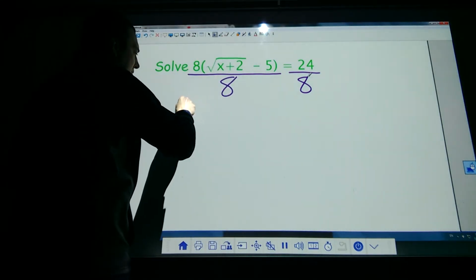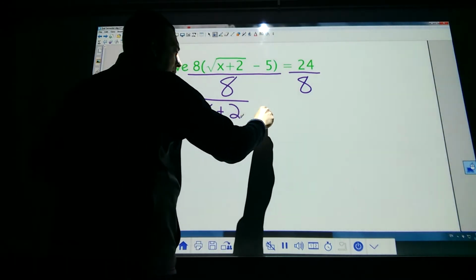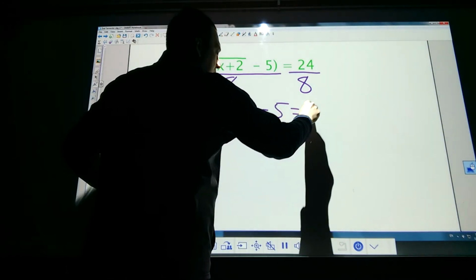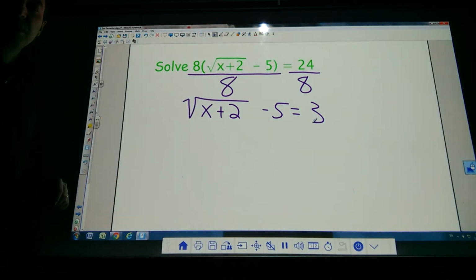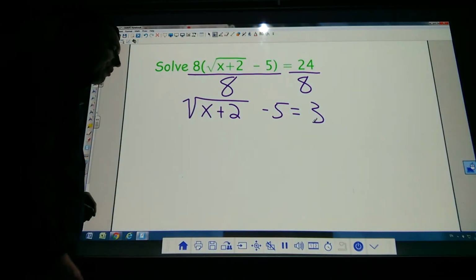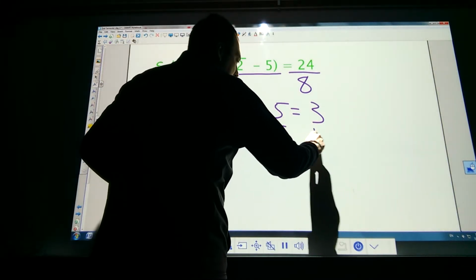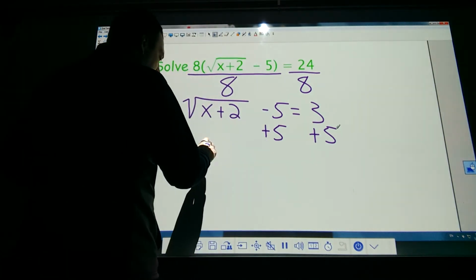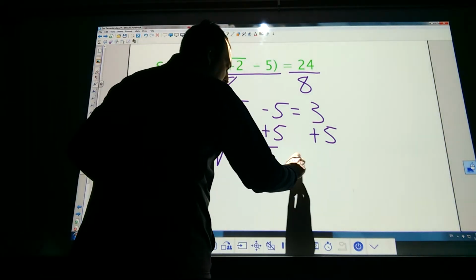Now I have the square root of x plus 2 minus 5 equals 3. The next thing I want to get rid of is the negative 5. So I'm going to add 5 to both sides. So that is the square root of x plus 2 equals 8.